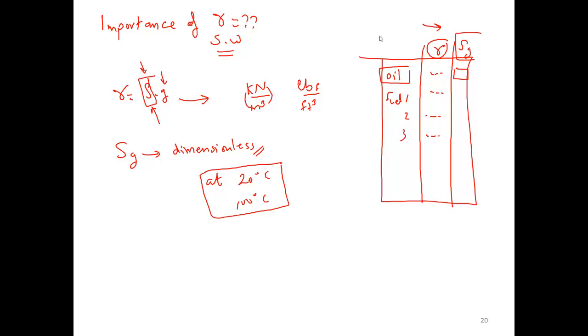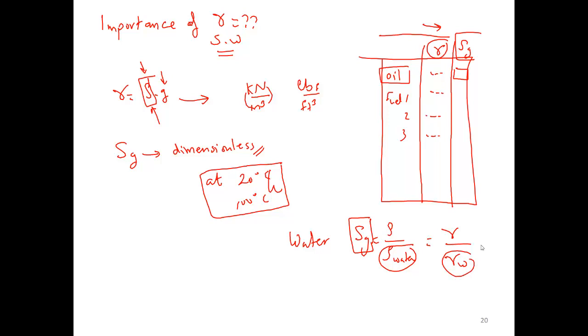What you have to do is have one table, which is for our reference, which is for water, because we know that specific gravity is density divided by density of water. So if I give you this value 0.78, or for mercury 13.6, all you have to do is find the density of water at that specific temperature. If I ask for the specific weight, then you can multiply this times G, or you can simply divide this by the specific weight of water at that temperature, and so on.